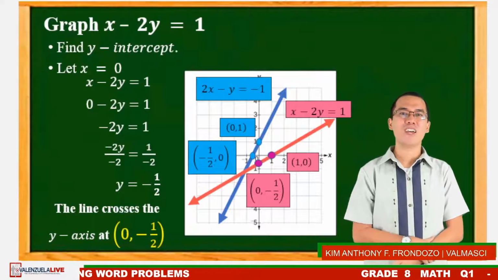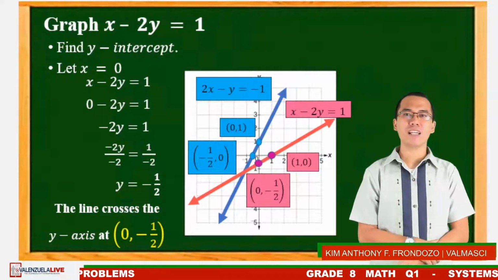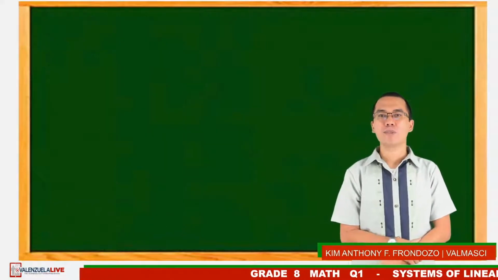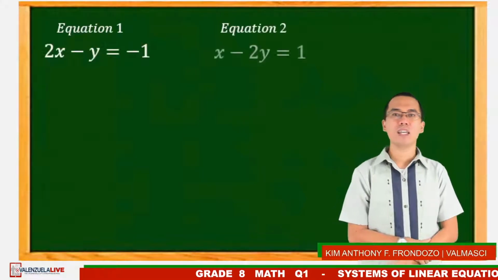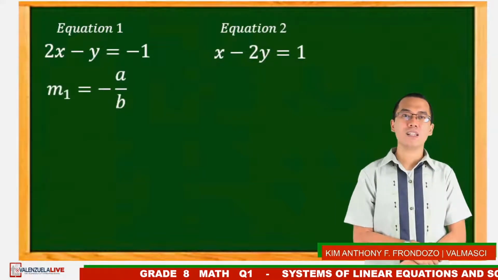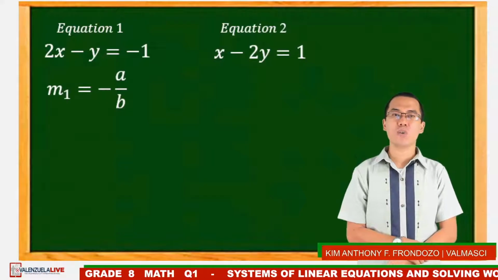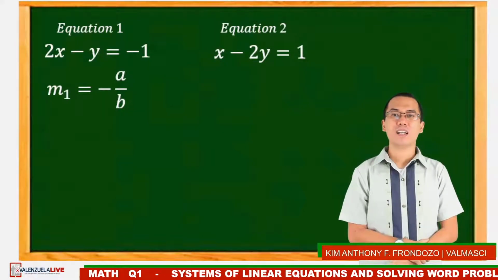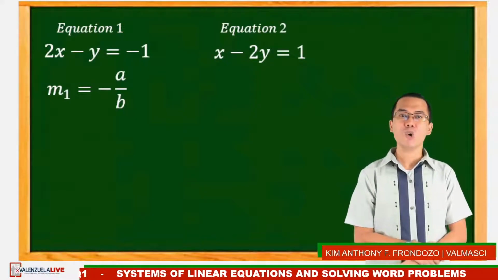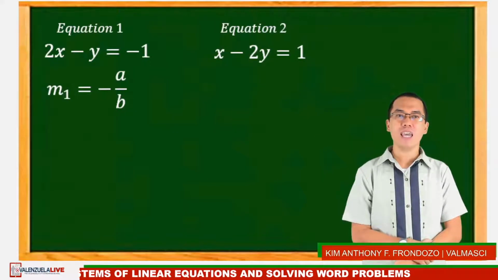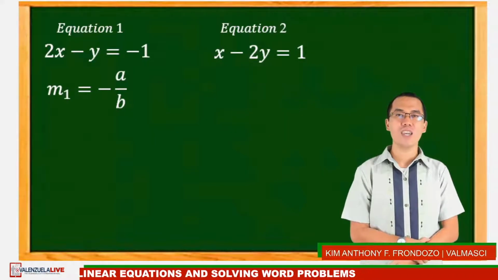Let's solve the given example algebraically. So we'll have 2x minus y equals -1 and x minus 2y equals 1. Another way of finding the slope is by using the formula m is equal to -a over b.